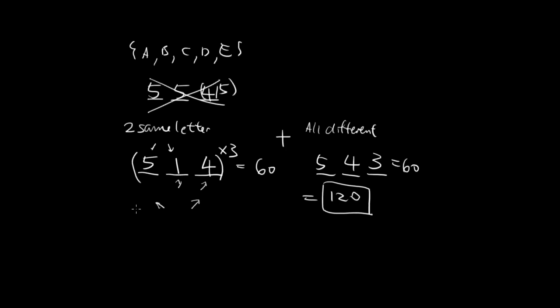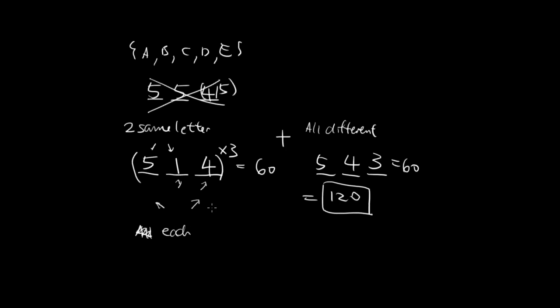Now, there's a much easier way to think about it if you somehow notice. When I first did this problem, I didn't notice it myself until I saw the answer. But another way to think about this is, let's assume that there is no restriction on each letter being used at most twice.